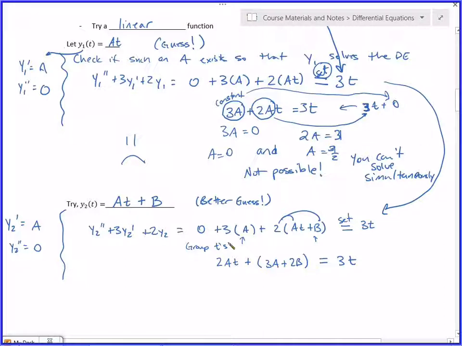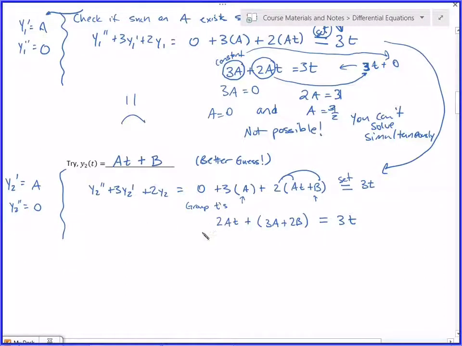Now what do you have as your equations? 2a has to be 3, and 3a plus 2b has to equal 0. Two equations, now two unknowns. We are going to be able to solve this.